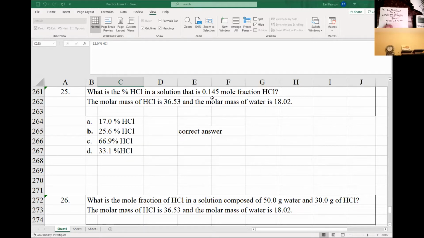The moles of water, total moles is 1, so it's going to be 1 minus 0.145. And let's see, we can get a number for that. 1 minus 0.145 is 0.855.